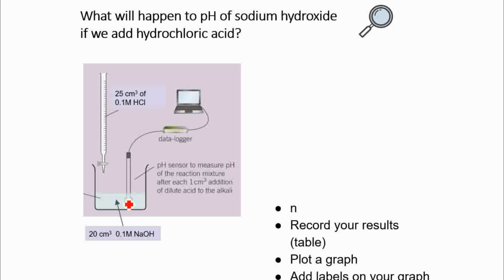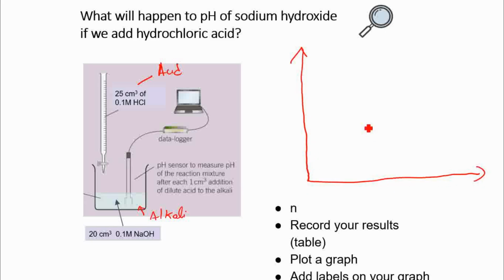Okay, what would happen to the pH of sodium hydroxide? So this is my container of sodium hydroxide, and we're adding hydrochloric acid. So in other words, we're adding an acid to an alkali. What would happen? Now your pH is going to decrease. So if we carry out this practical and we look at this, the pH would start here.